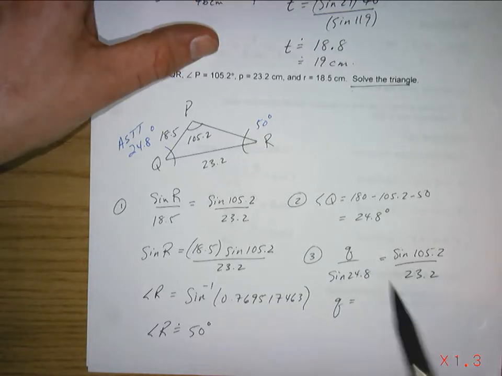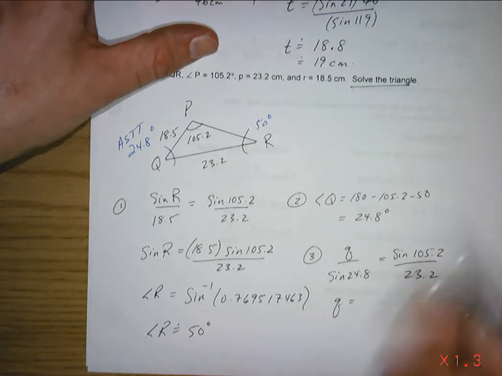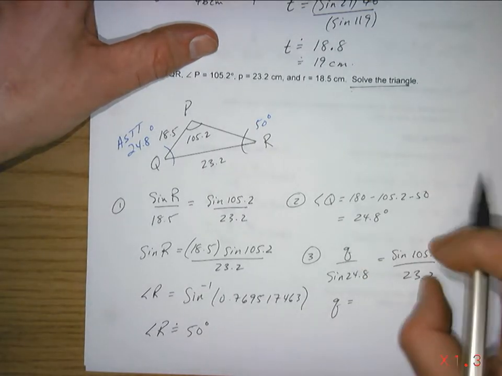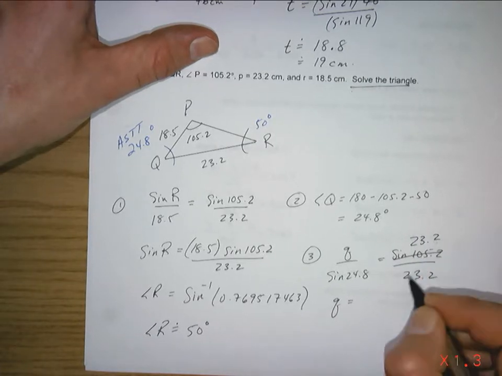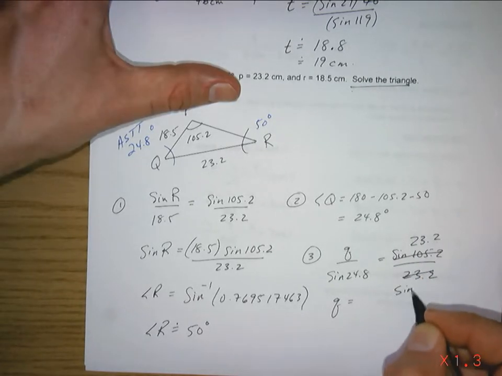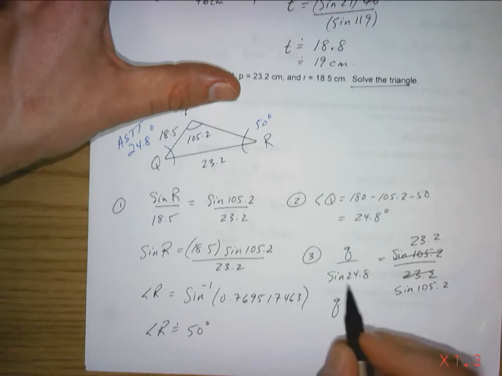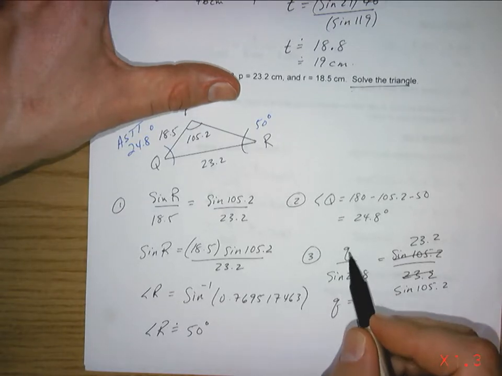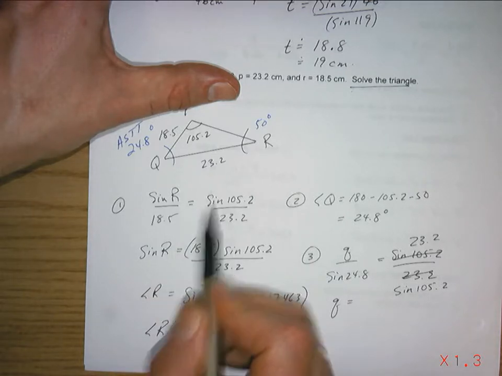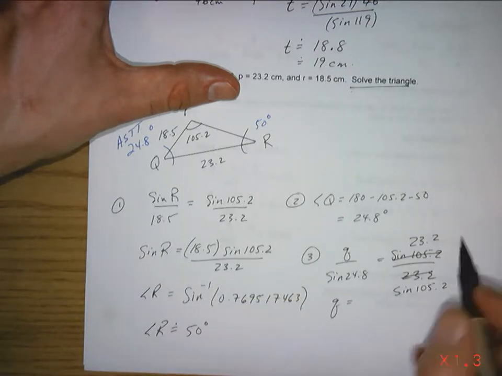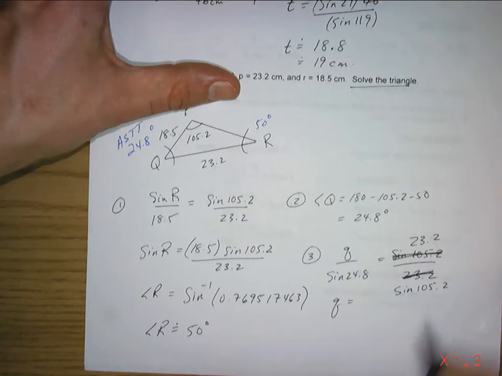So I haven't put the ratios in right, I've goofed them up. I've put the reciprocal of what I should have here. So that should be 23.2 and the bottom should be sine 105.2. So the sine should be on the bottom if the side lengths are on top. If the two sines are on the top, then both side lengths are on the bottom. So again, that was a goof.